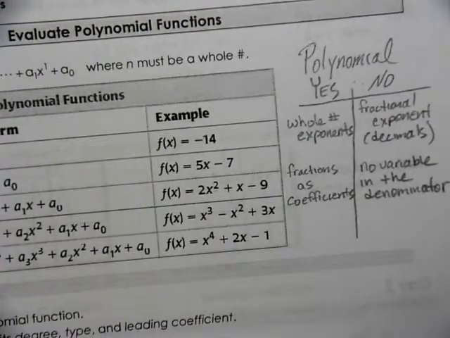You can't have 0 in the denominator. So if you have a variable in the denominator, it's possible that whatever is in the denominator could become a 0.